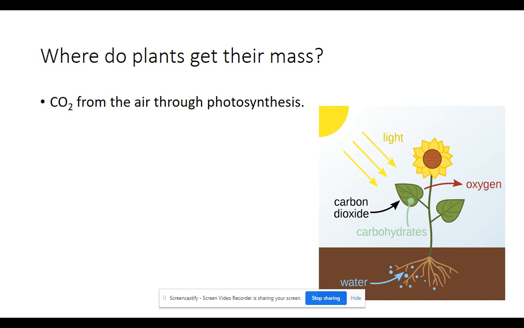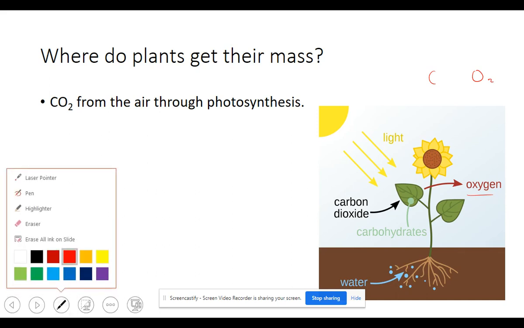It uses the energy from the sun to break that apart into carbon and oxygen. The plant keeps the carbon, which turns into the plant, and releases the O2 back out into the atmosphere.